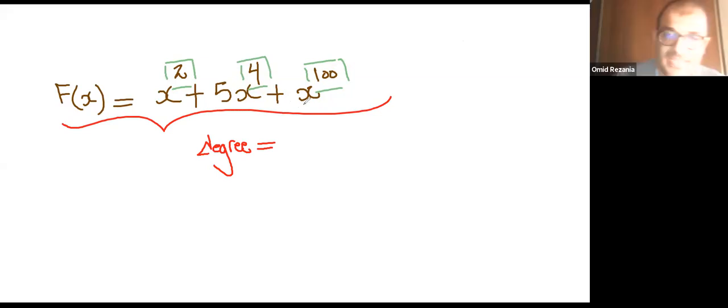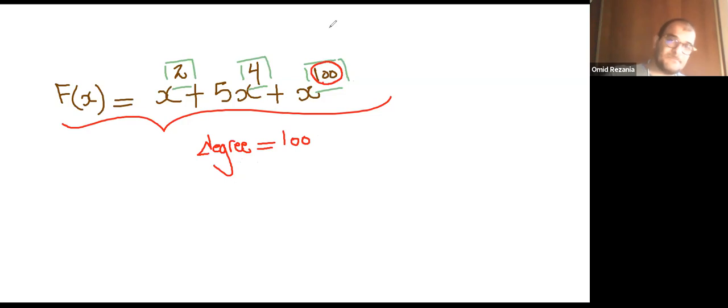But we say that the degree of a polynomial is the highest power which it has. Between 2, 4, and 100, which one is the bigger one? 100 is the bigger one. Then we say that the degree of this polynomial is 100. You always search for the biggest exponent of your single variables, and that is going to be the degree of your polynomial.